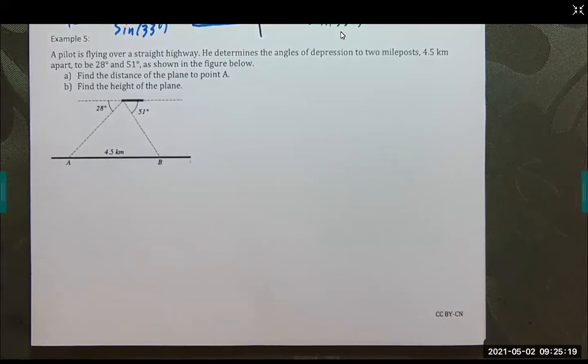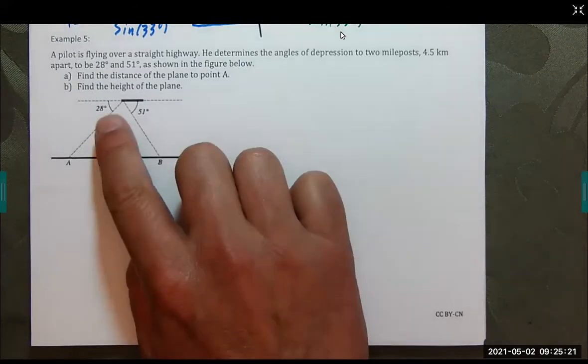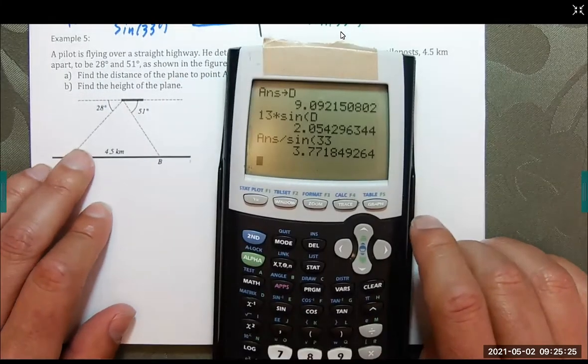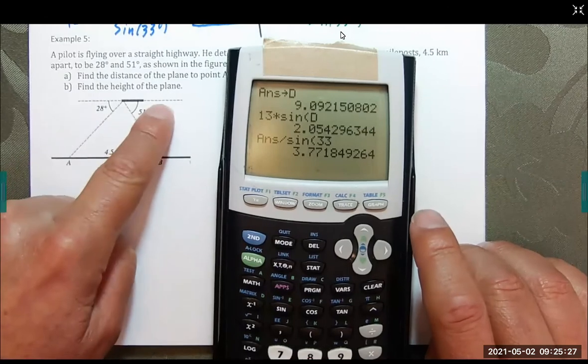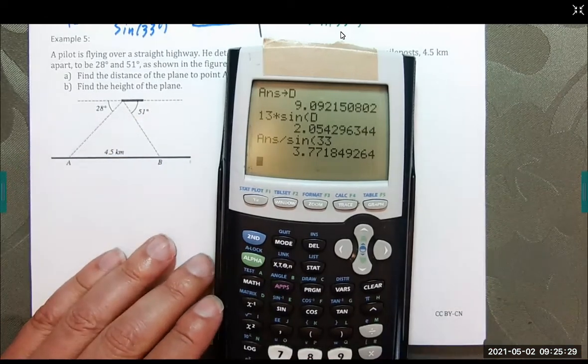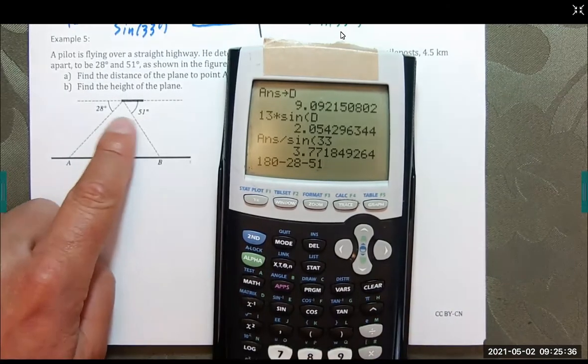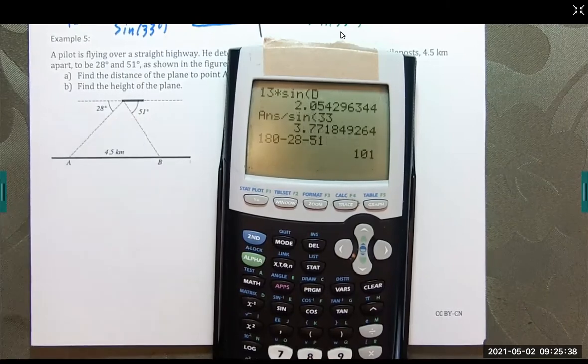We'll get to that. Before I do that, I want to find this missing angle here. These are supplementary angles, which means when I add all of them up, it should be 180 degrees. So if I do 180 minus 28 minus 51, I should get this missing angle here, which is 101 in this case.